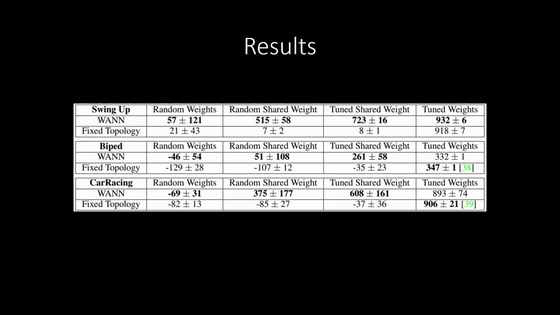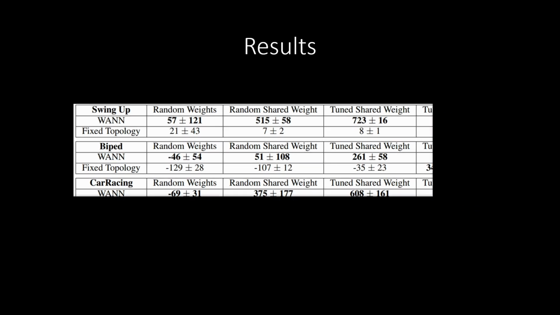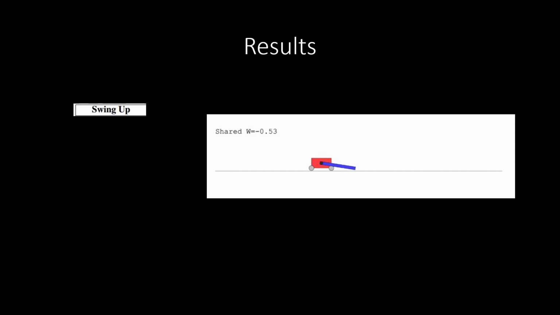Now for the results, the method is tested in 3 different tasks. The first task is the cart pole swing up, which is a classic control problem where given a cart pole system, a pole must be swung from the resting to the upright position and then balanced without the cart going beyond the bounds of the track.